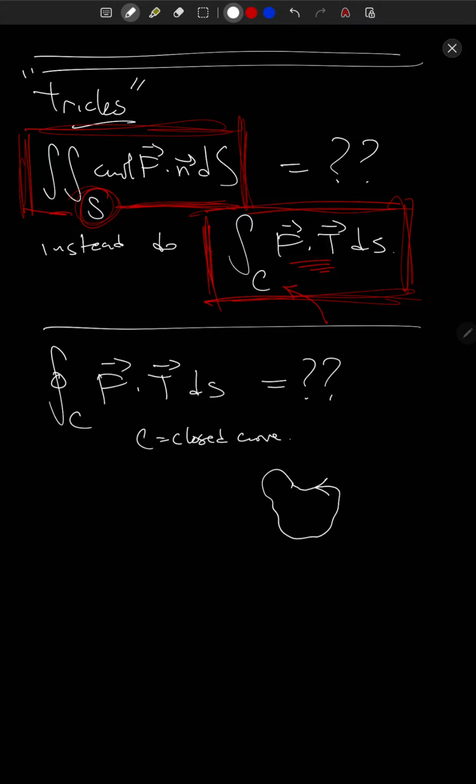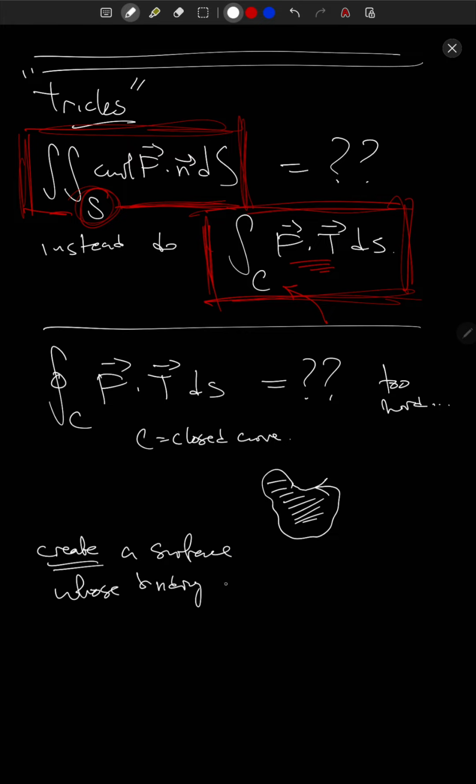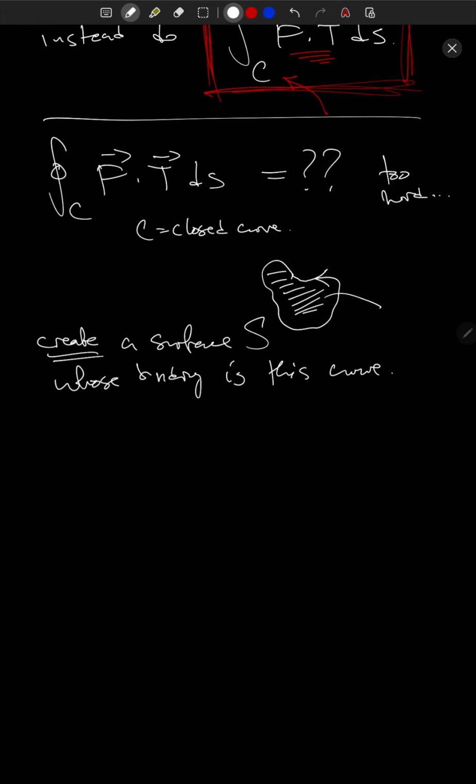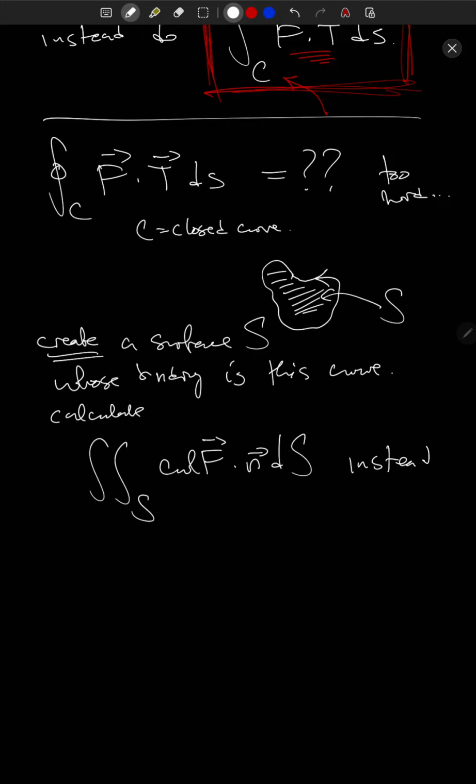Perhaps you can think about filling in this curve to create a surface whose boundary is this curve. Let me call the surface S. And then calculate the double integral over S of curl of f dot n dS instead.